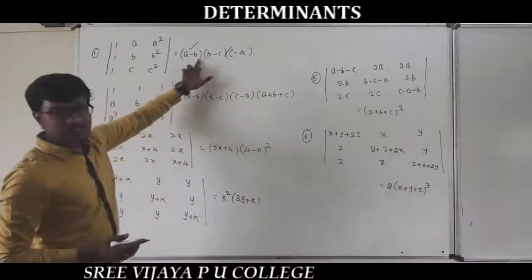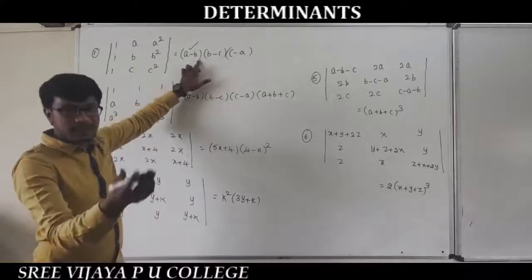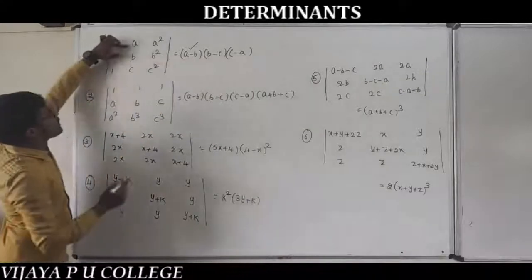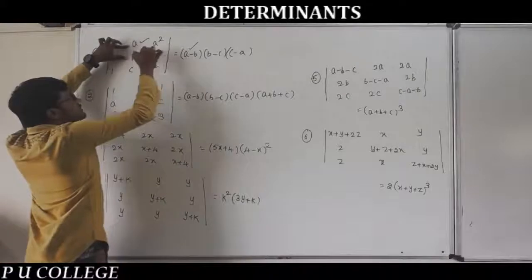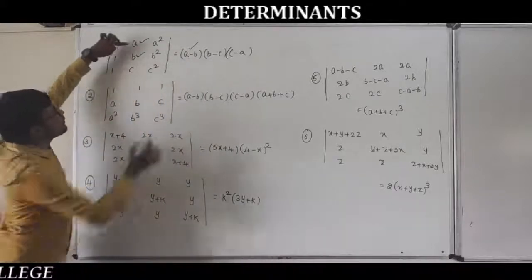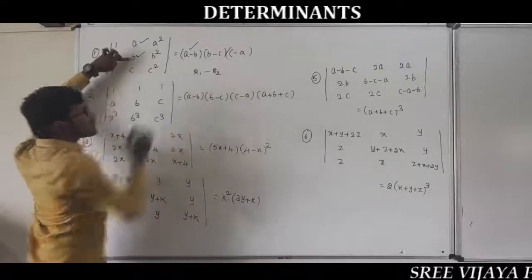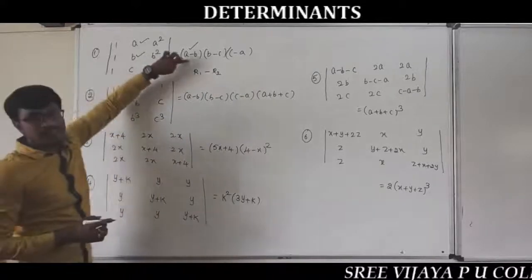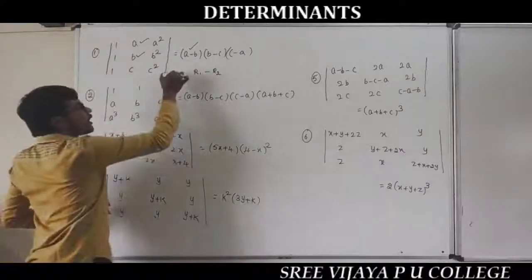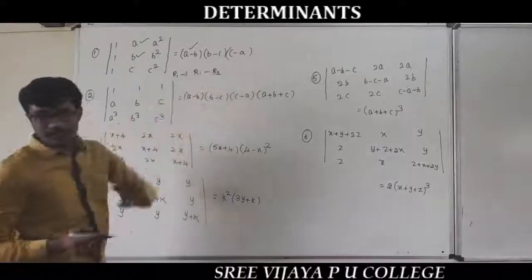To make it a minus b, we have a and b, so you can subtract this minus this. In which row is it? One is in R1, the other is in R2. If we subtract, we will get a minus b. So R1 can be changed to R1 minus R2.